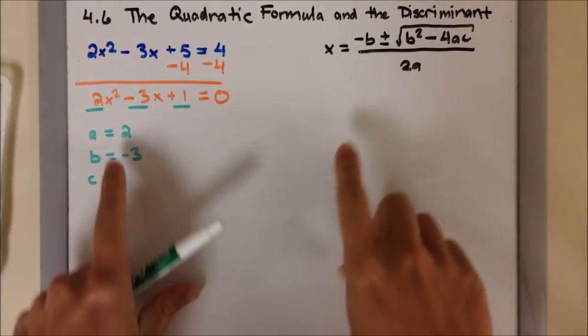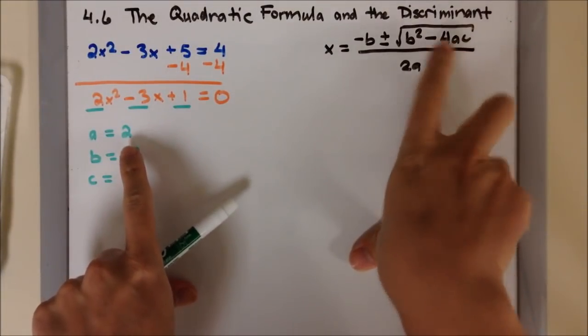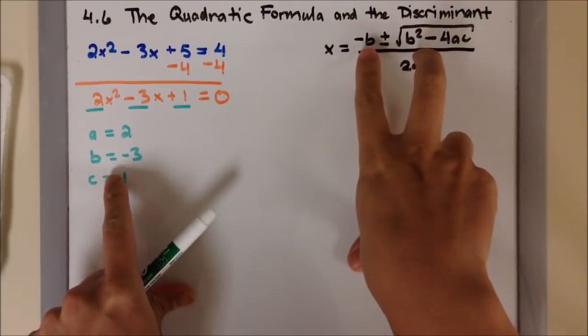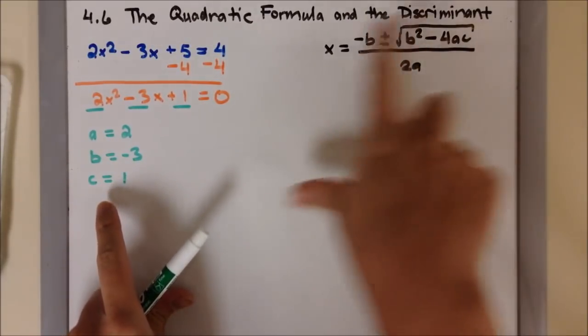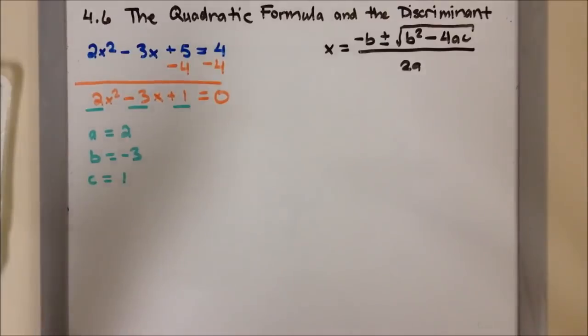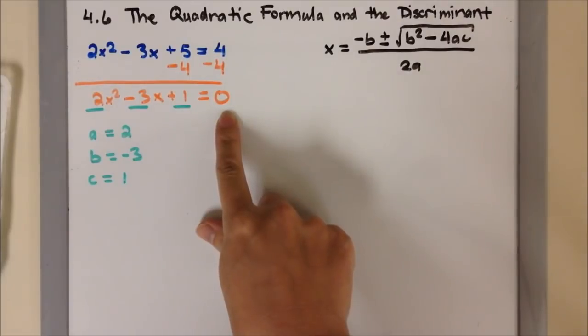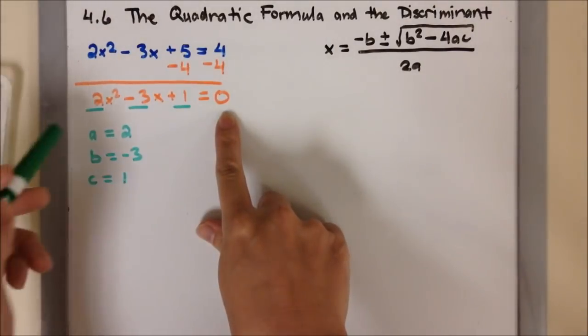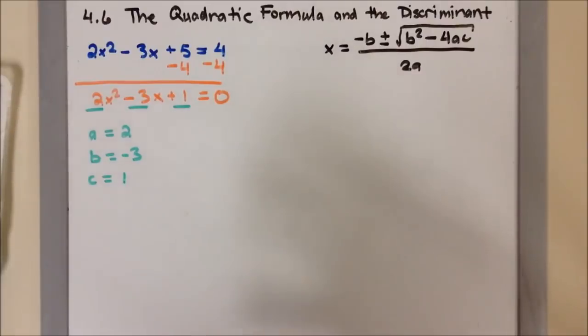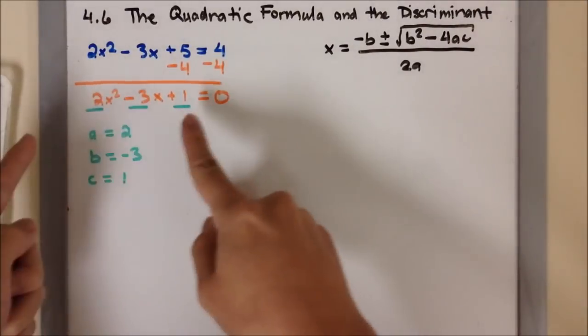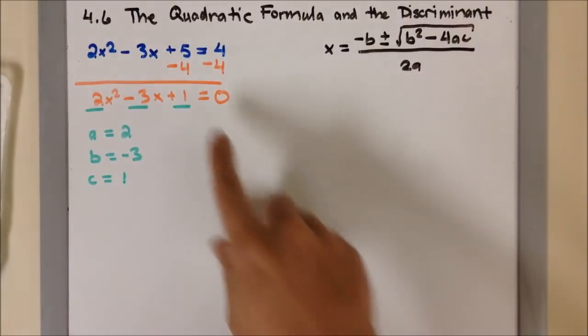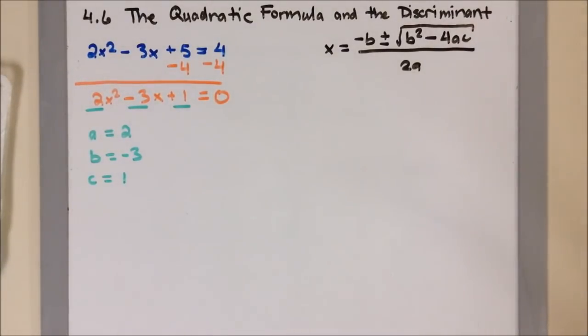And here's why: now you're going to be plugging in your a value, your b value, and your c value into the quadratic formula. So before you identify a, b, c, make sure everything is on the same side, and then the other side of the equal sign is 0.